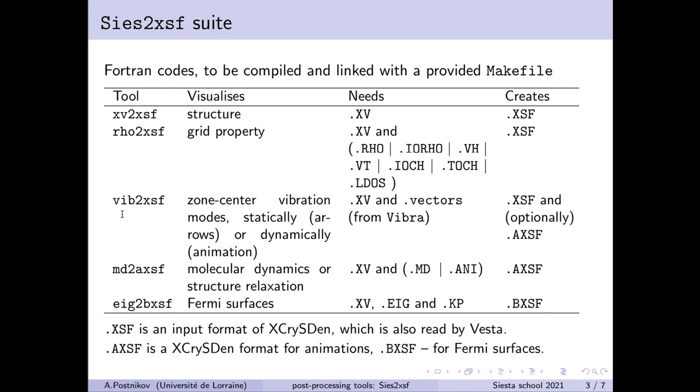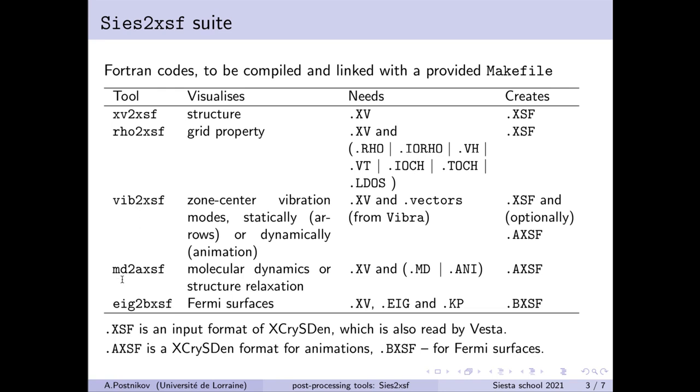Then the third tool serves to visualize the vibrations which result from the Vibra calculation on top of preceding SIESTA calculation, right? And this can be done either in a static way, by just attributing arrows to the atoms, or by creating an animated movie which shows how the atoms vibrate.